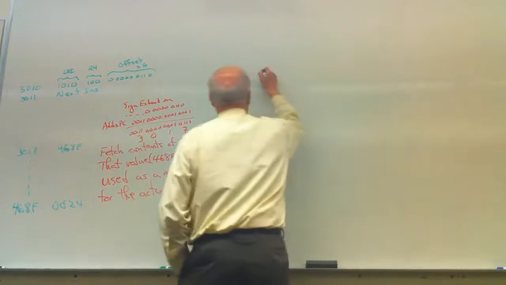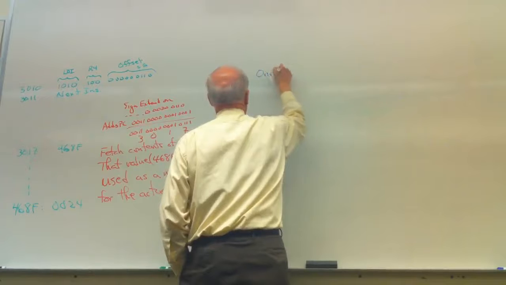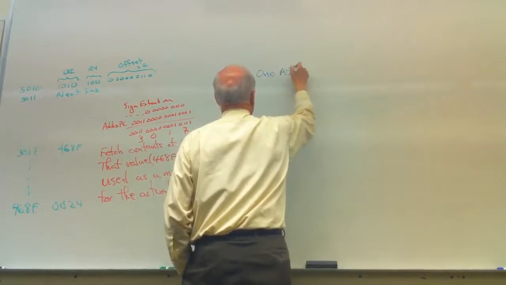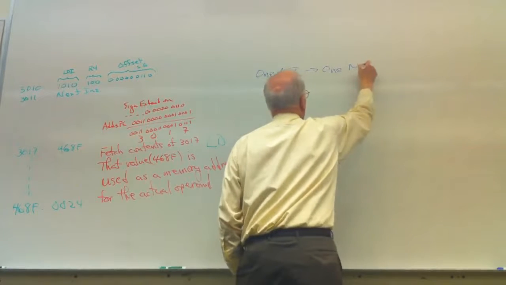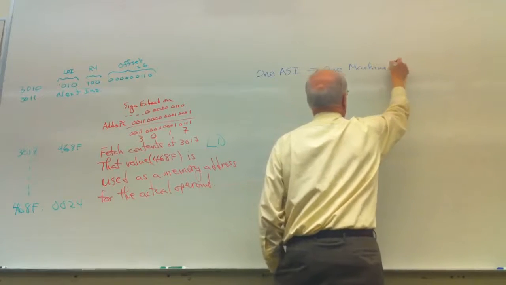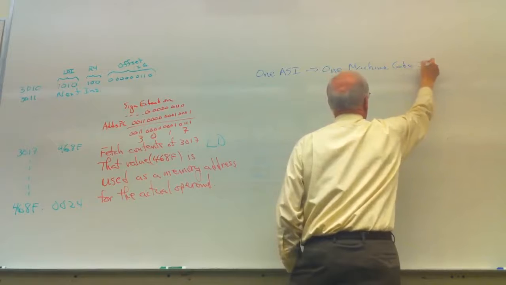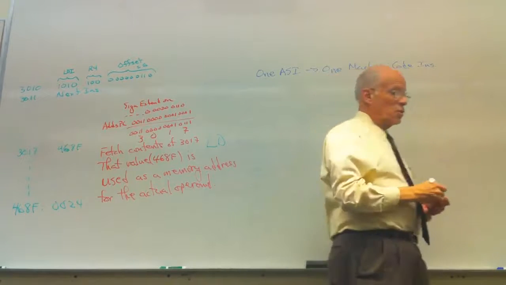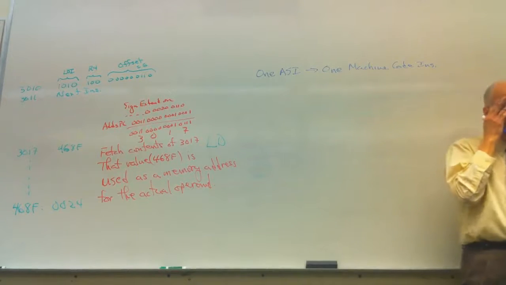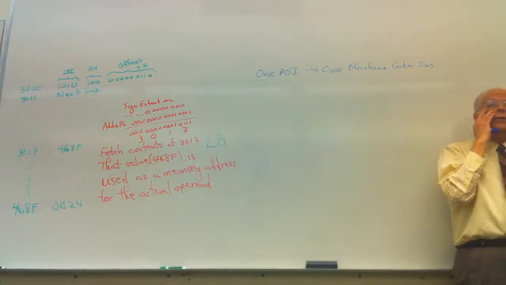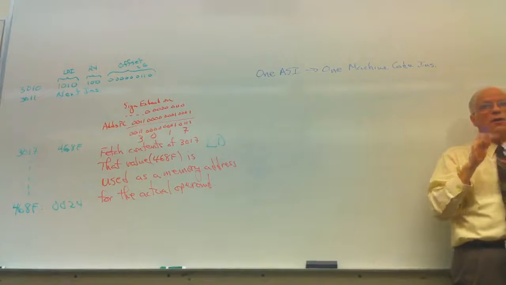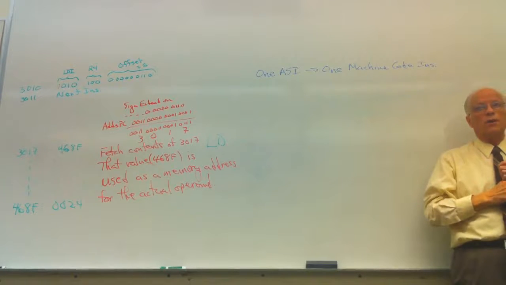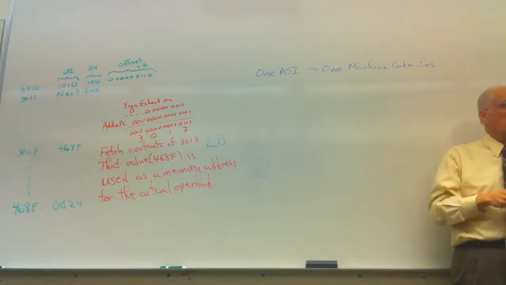Principally, one assembly language instruction corresponds to one machine code instruction. So as we make this shift, it doesn't really shorten anything that you're doing. It's going to be just the same number of instructions.